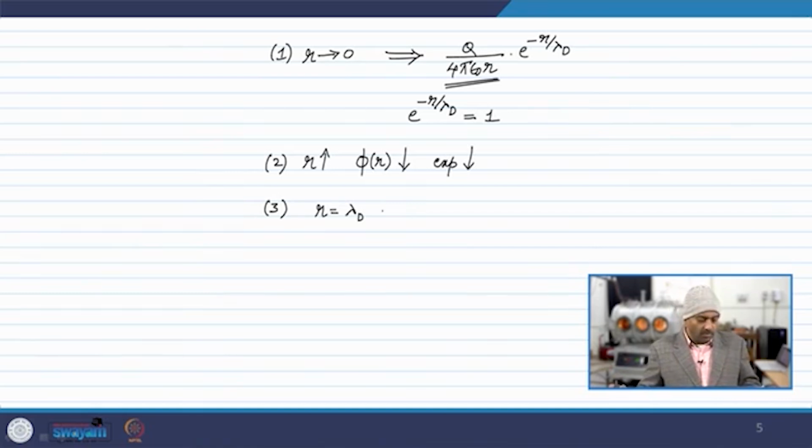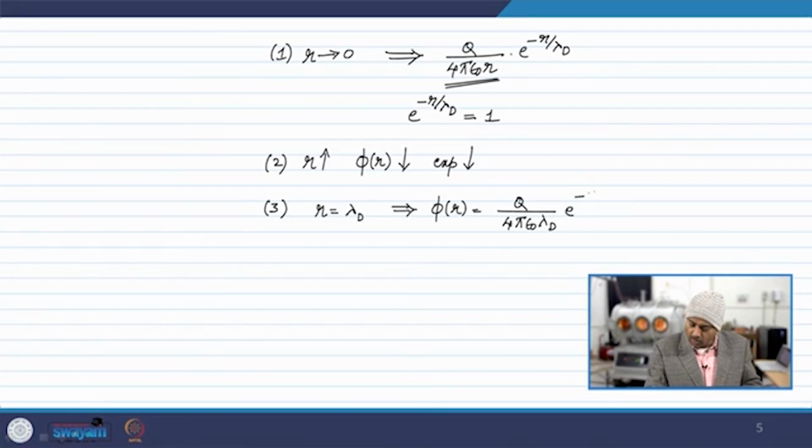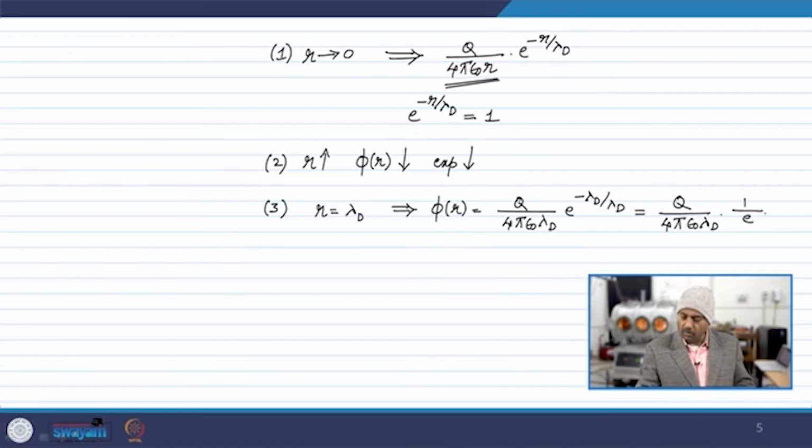When R is just equal to lambda d, what happens to phi? Phi of R becomes q by 4 pi epsilon naught lambda d e to the power of minus lambda d by lambda d, right, which is q by 4 pi epsilon naught lambda d into 1 by e.